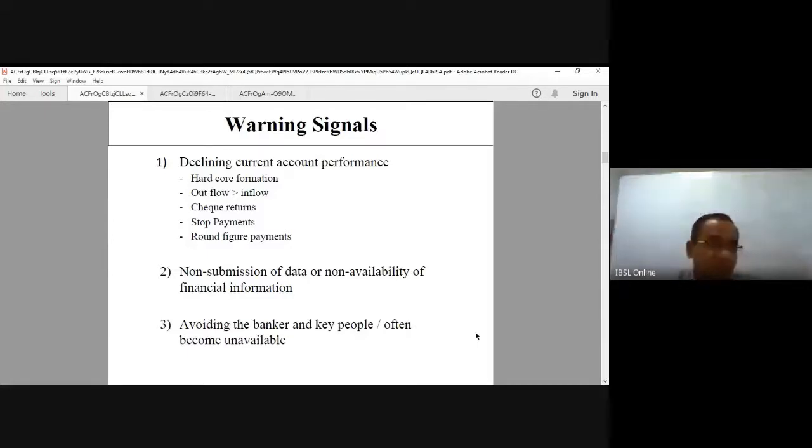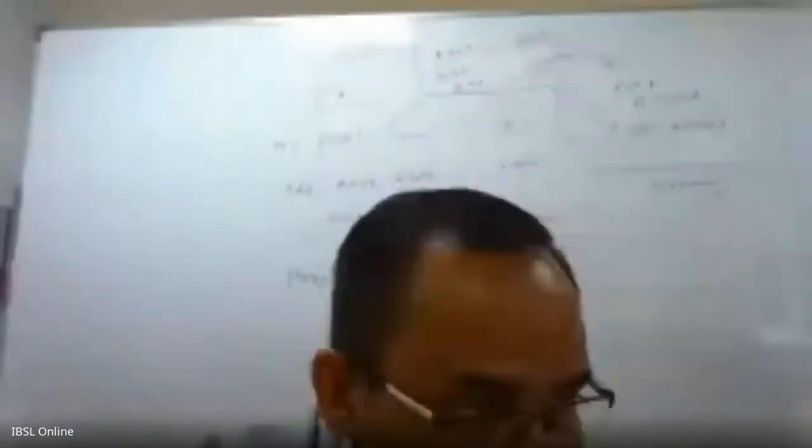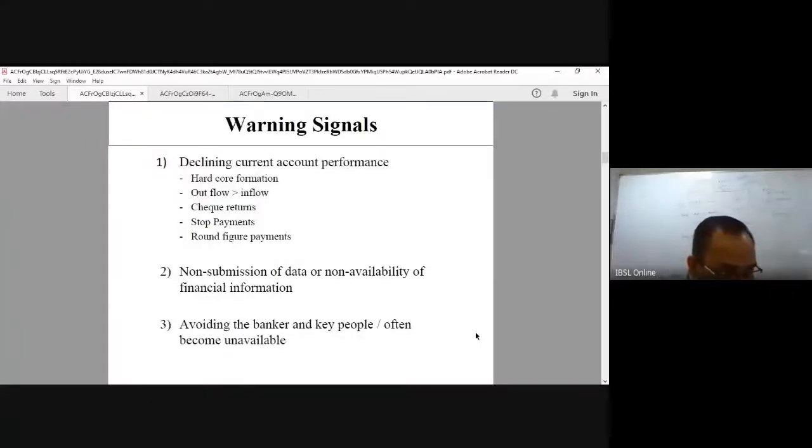We have to immediately talk and try to make them make some arrangements, reduce the lines, restructuring, whatever. You need to educate the customer also at that point, what they are doing wrong, what they should do right, and then without falling into trouble, how to solve the situation, or worse, how the bank can get out of this.